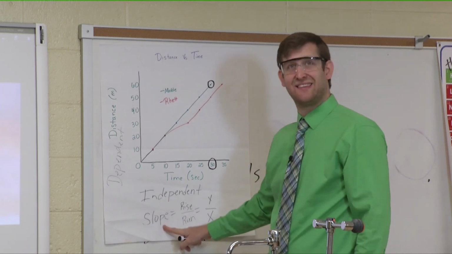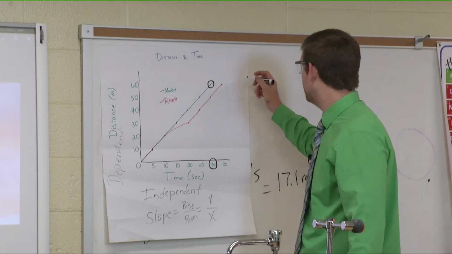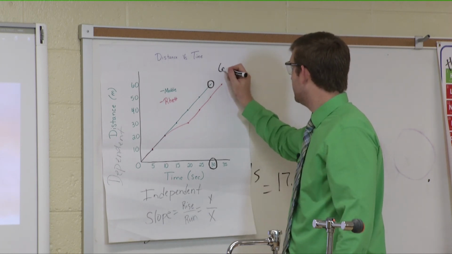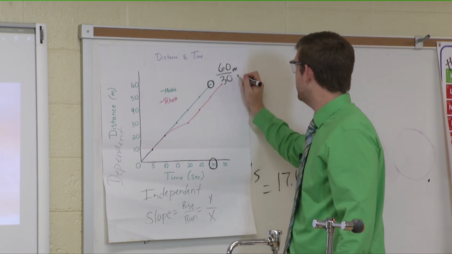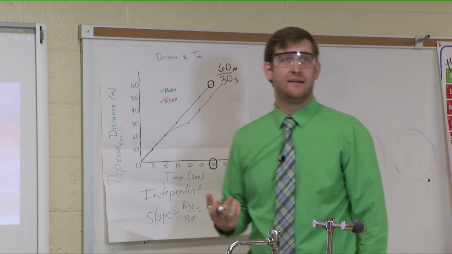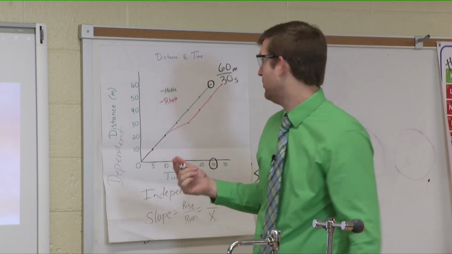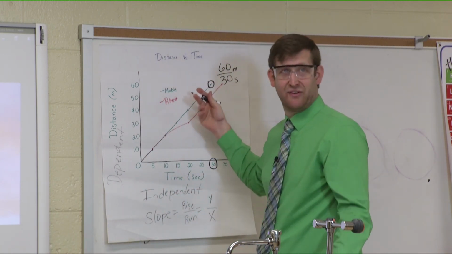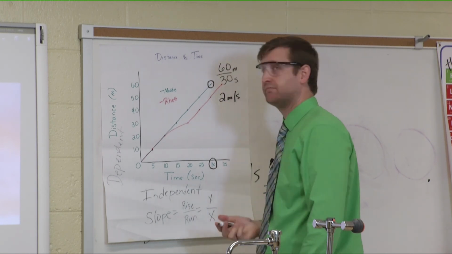So we can take that slope and we can find the speed. So Maddie's speed will be 60 divided by 30. 60 meters divided by 30 seconds. If you take a calculator or if you do it in your head, 60 divided by 30 is 2. So Maddie's average speed was 2 meters per second.